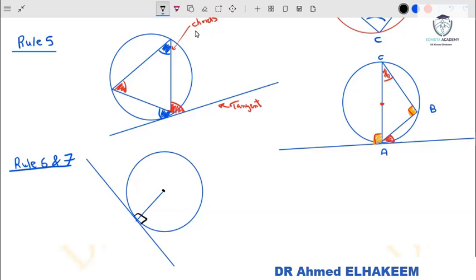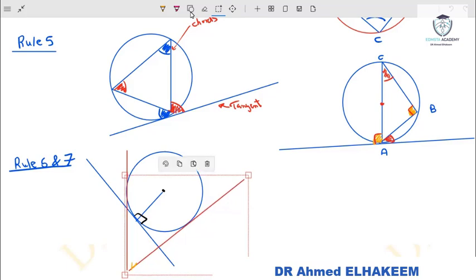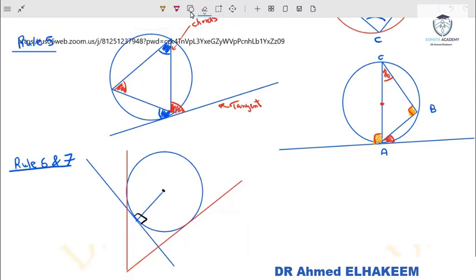The last one I will draw also here. If I have a tangent like that, and another tangent, so they are both tangent.